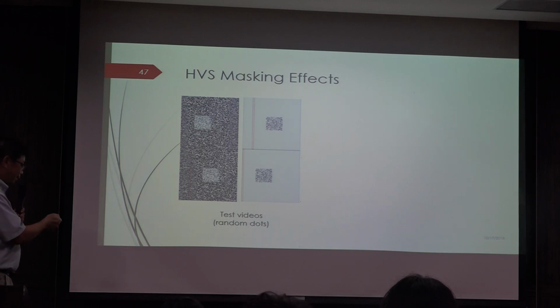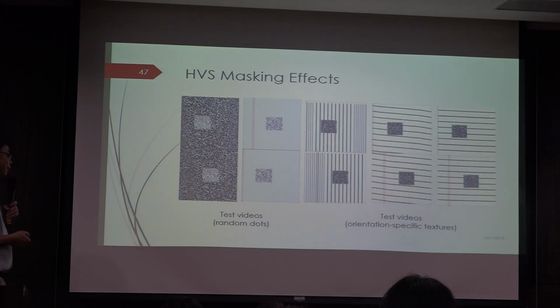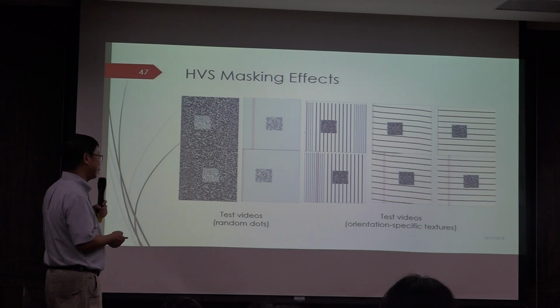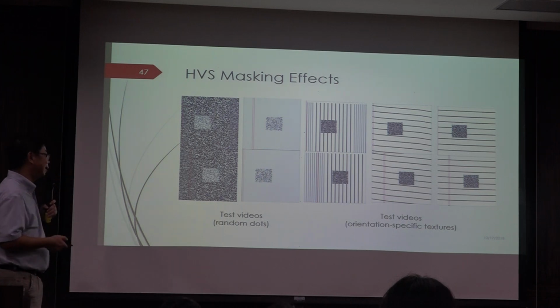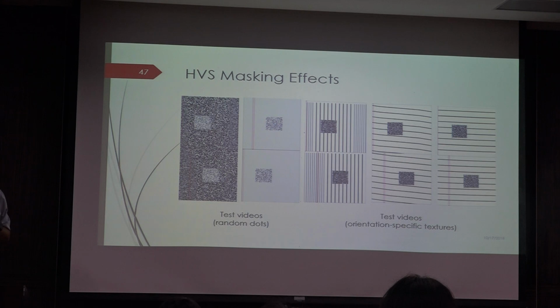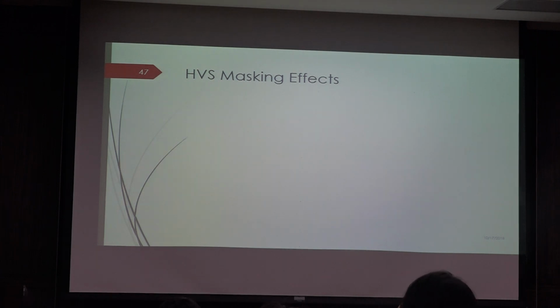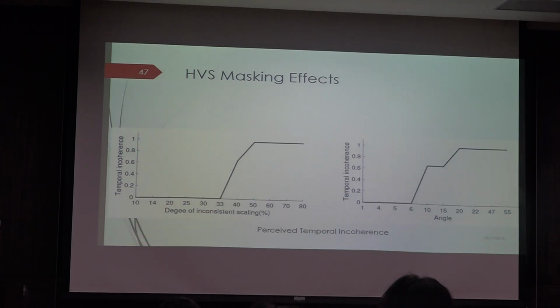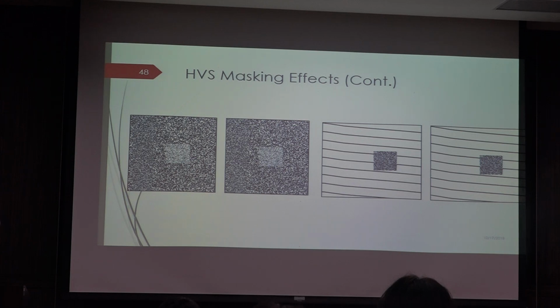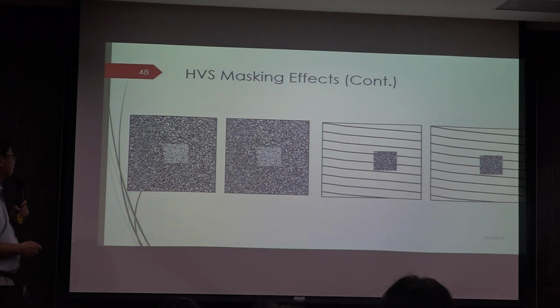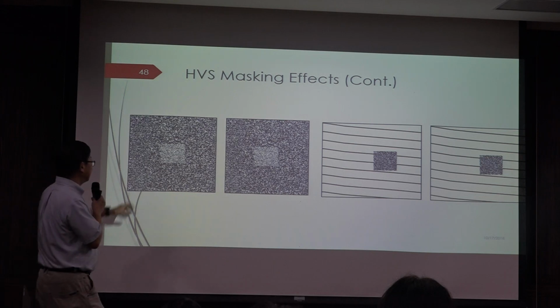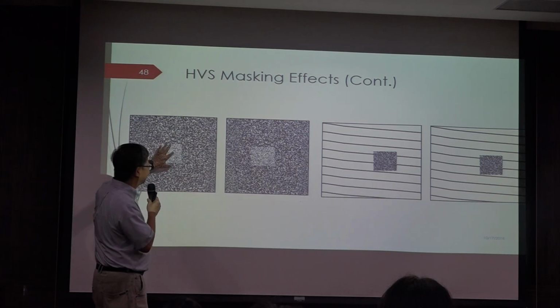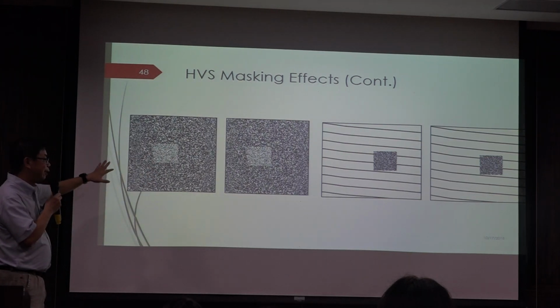We use quite a few test videos to evaluate the human visual system masking effect, like the random dot pattern and orientation-specific textures. We use different kinds of textures, and we use a square here to simulate a salient region.